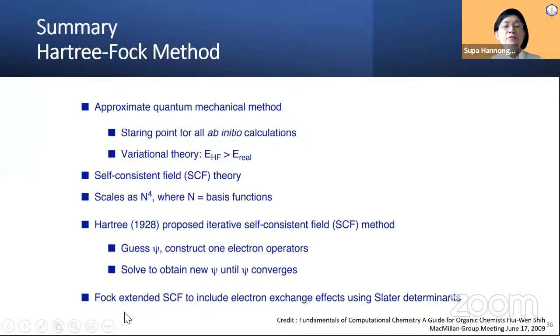For the Fock operator, we extend the SCF to include the electron exchange effect through the Slater determinants. But these are a little bit more into the details.